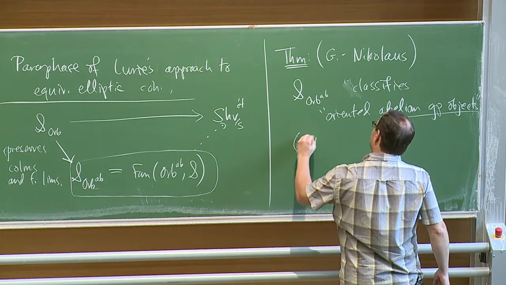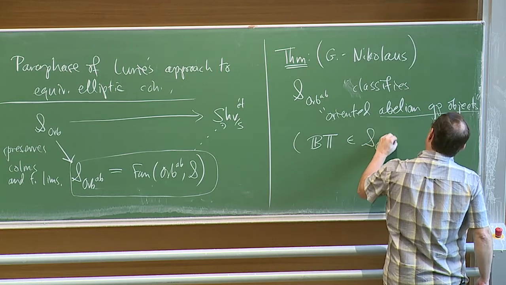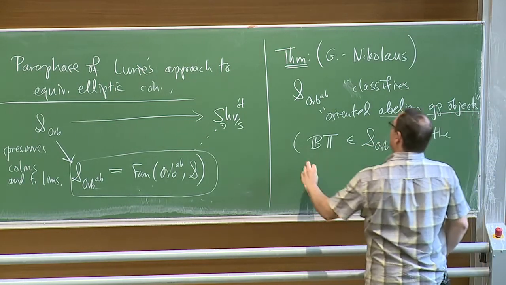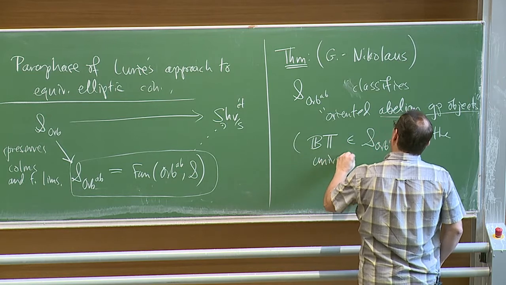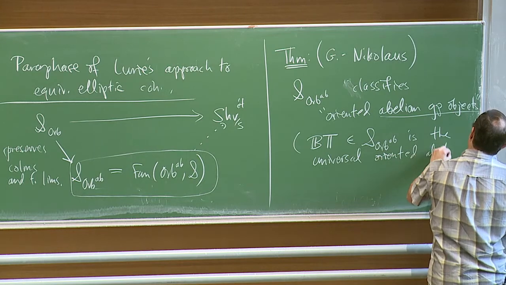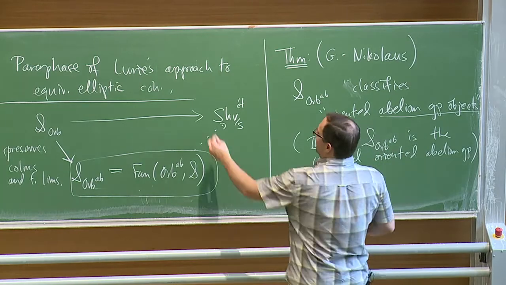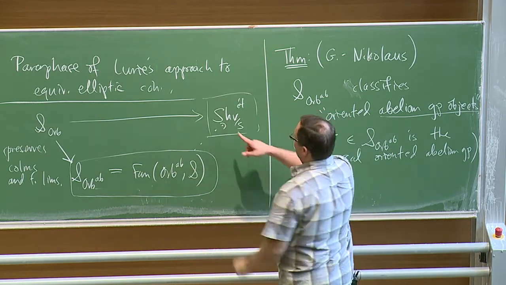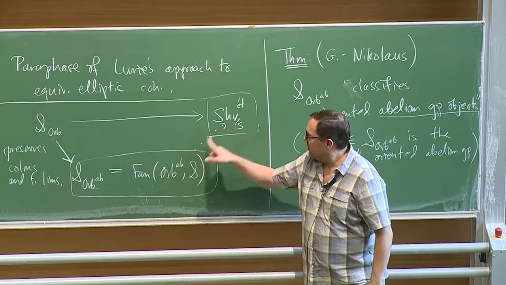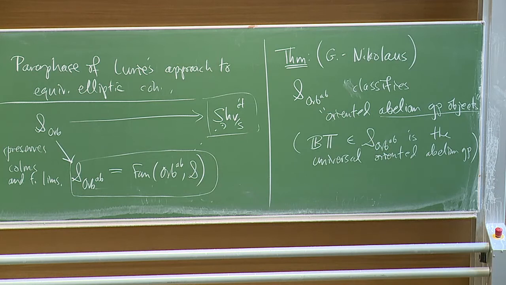So let me say which one that is. It's the stack BT in here. It is the universal oriented abelian group. And that means that once I can find an oriented abelian group object here, I automatically get a colimit and finite limit preserving morphism, which I can then use to calculate some cohomology.